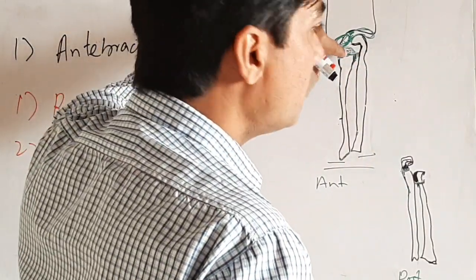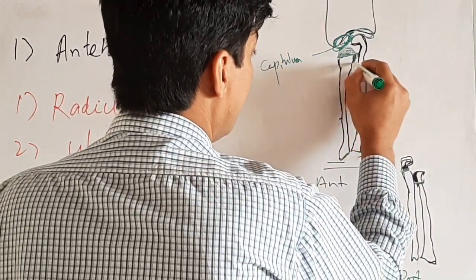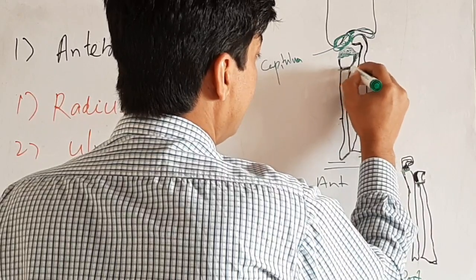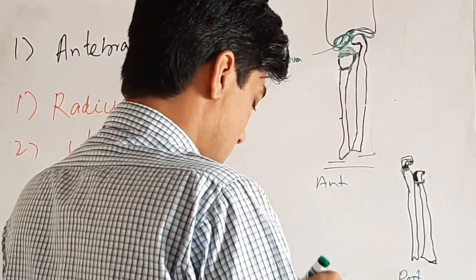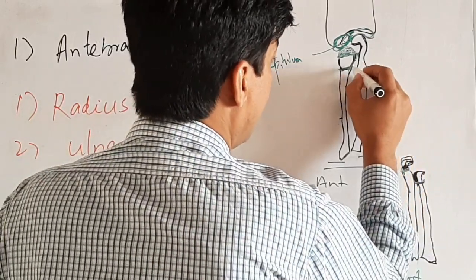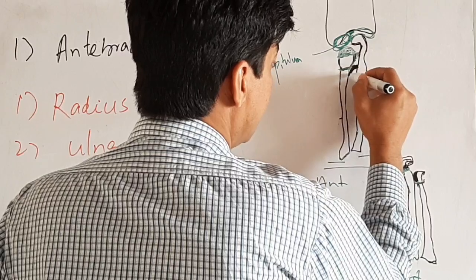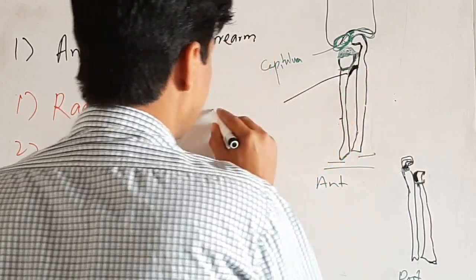Just distal to the head of the radius, there is a narrow portion, the neck. This is the neck of the radius. Just inferior to the neck of the radius, there is a rough tuberosity called the radial tuberosity.